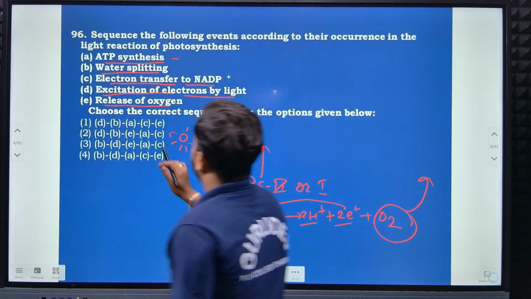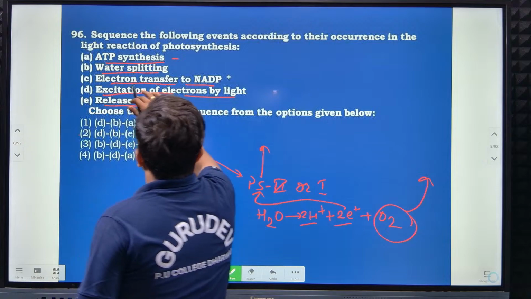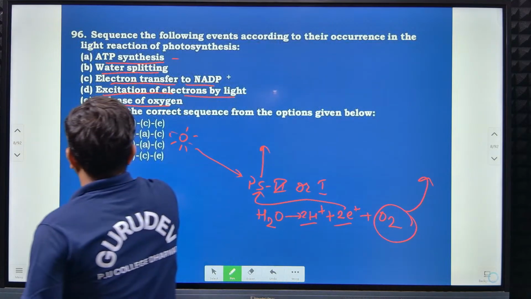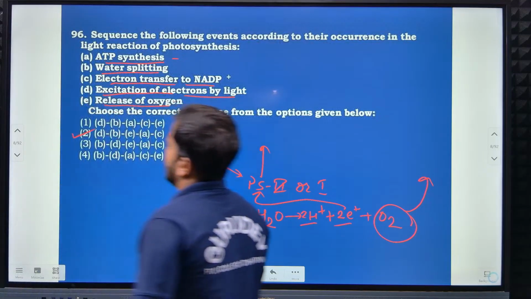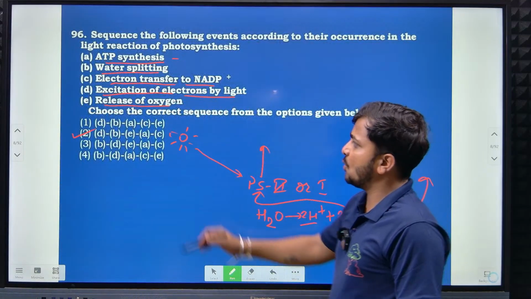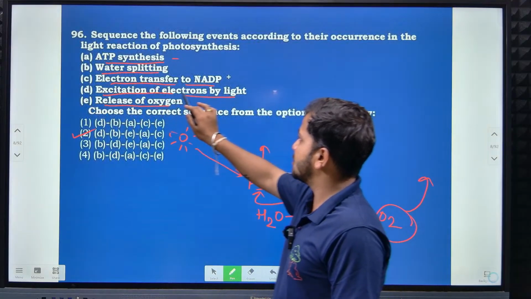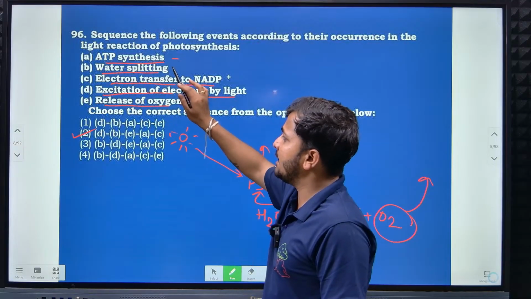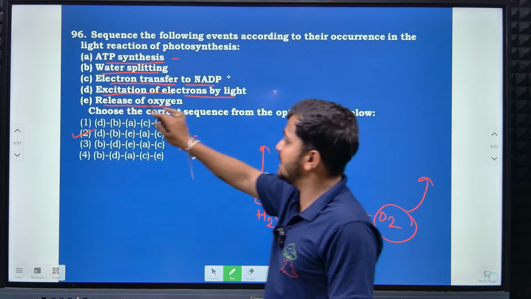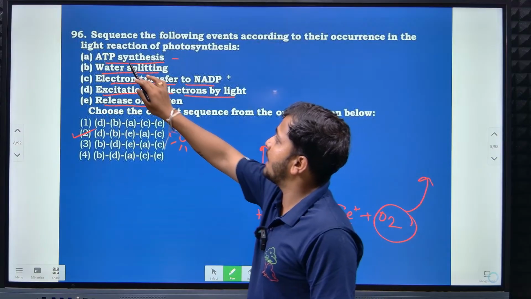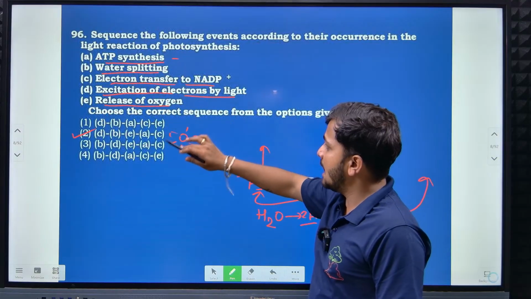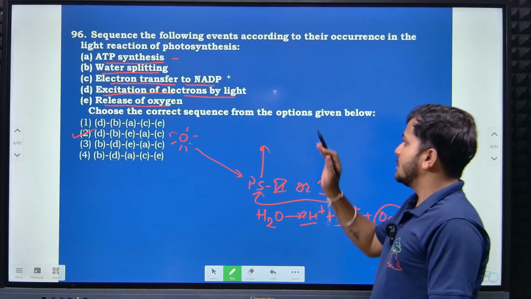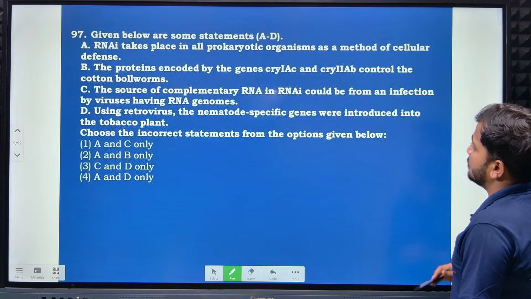Then lastly, electron transported to NADP. So here option 2 is correct. First excitation of electrons by light occurred, then water splitting, then release of oxygen, then ATP synthesis, and lastly electron transfer to NADP, which got reduced over there.